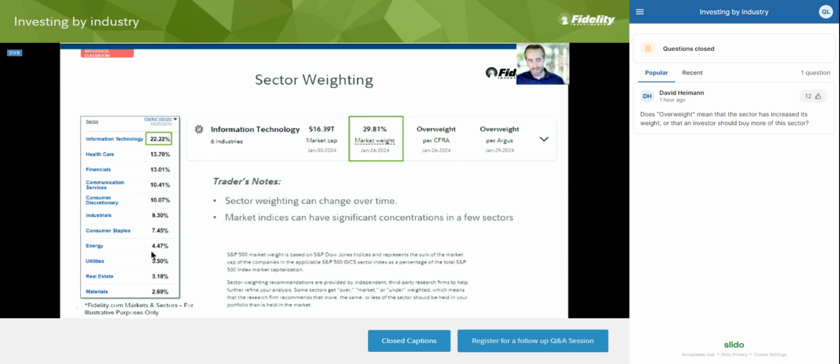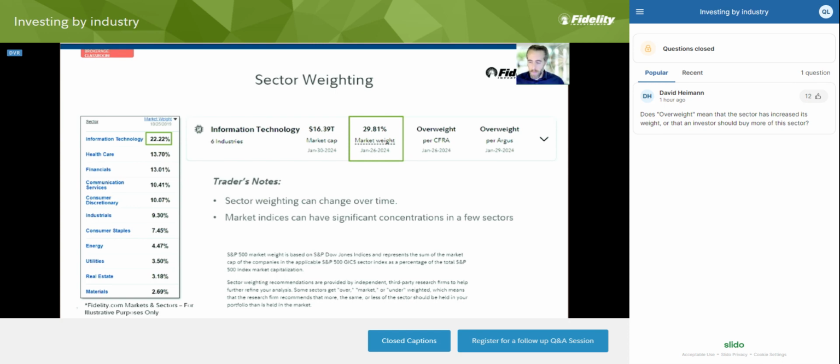Not only would the sectors be different, we talked about how real estate really wasn't even its own sector 30 years ago, but the percentages would have been very different. Sectors like staples and energy were towards the top of this list, around 13, 14% respectively. So in the same way that the sectors evolve, that is going to be very true for the industries beneath these sectors that make them up.